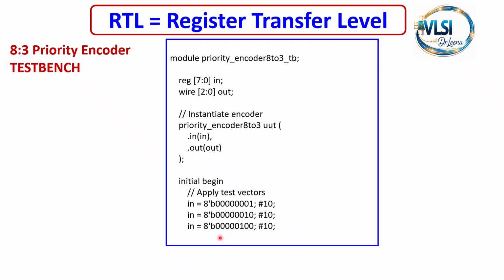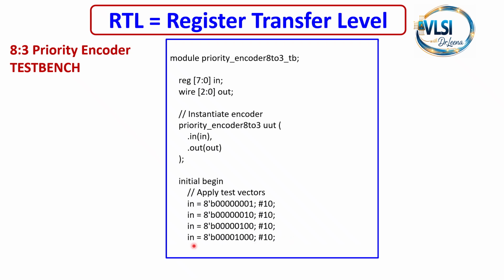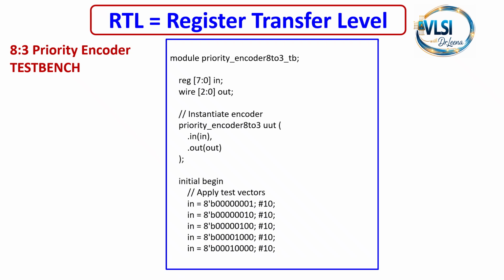And the next one activates only IN2 and waits for 10 time units. The next one activates only IN3 and waits for 10 time units. The next activates only IN4 and waits for 10 time units.